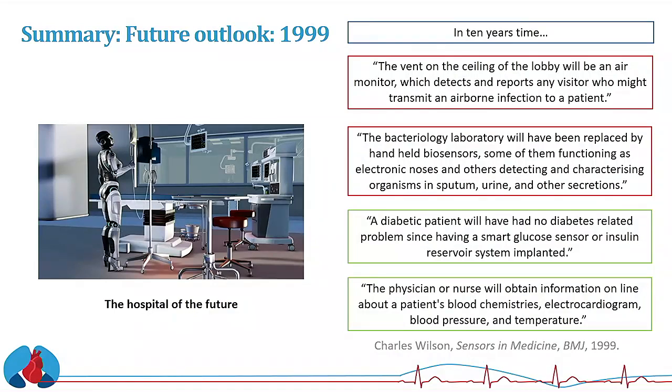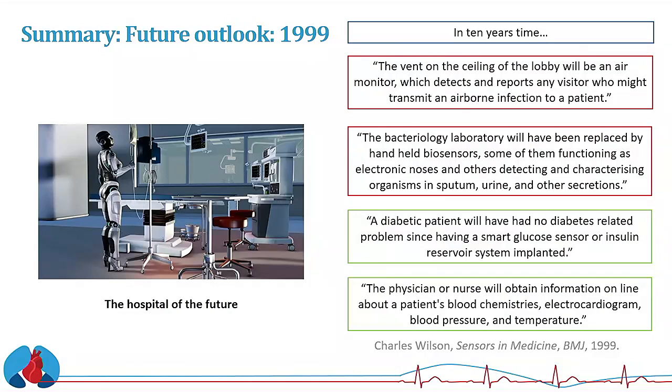This was actually published in a really good journal. So in 10 years' time, they predicted that the vent on the ceiling of the lobby will be an air monitor which detects and reports any visitor who might transmit an airborne infection to a patient. As far as I know, we don't have that, but it's a very generous prediction.